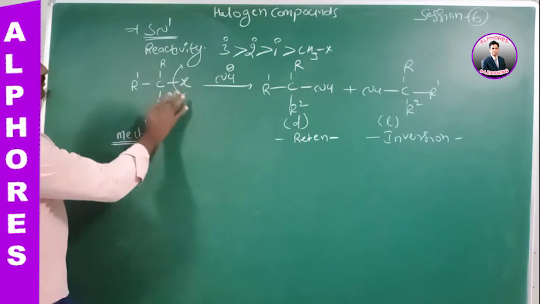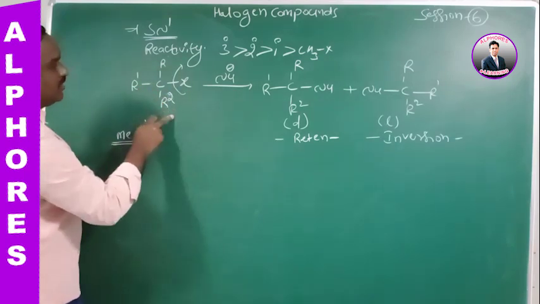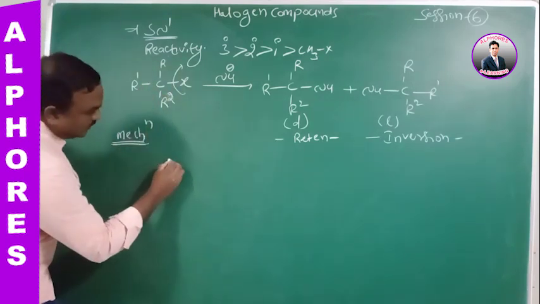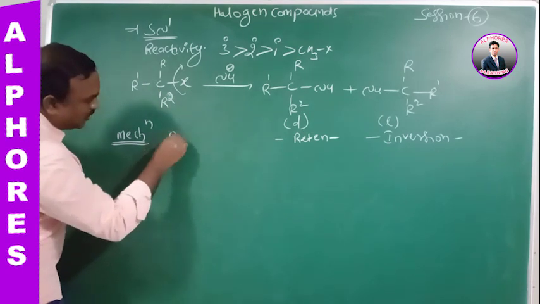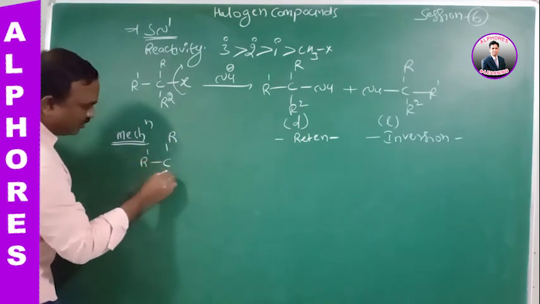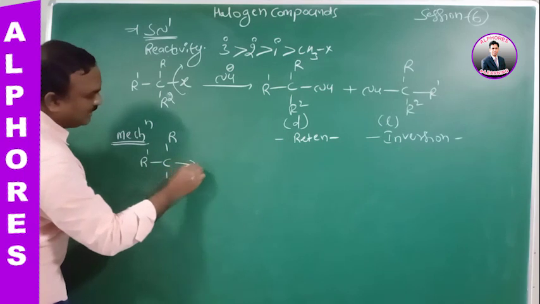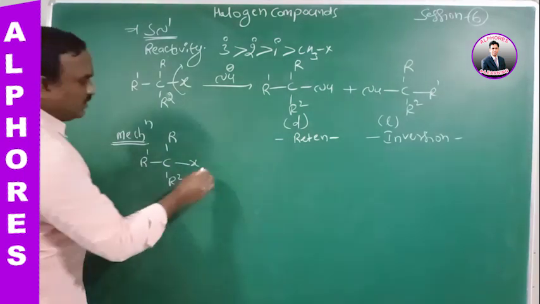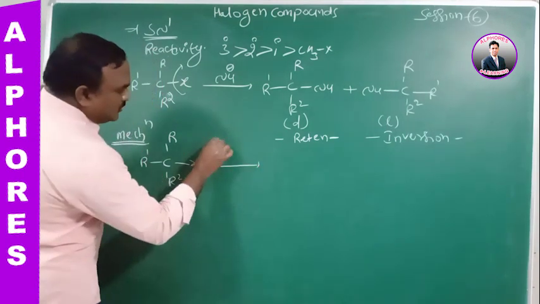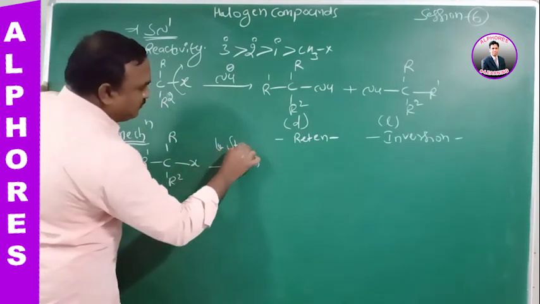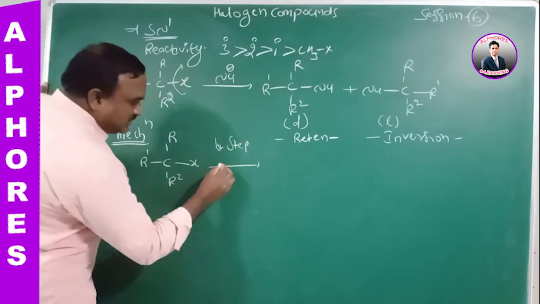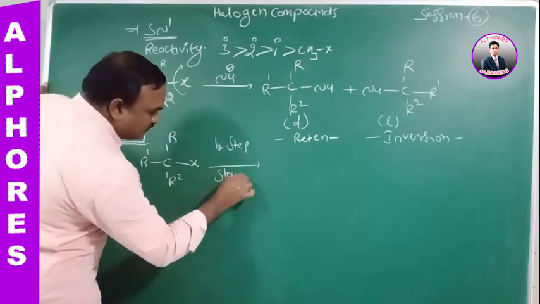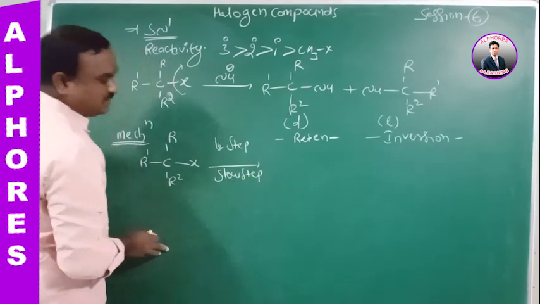How to write the mechanism? The given substrate has three different alkyl groups, R, R1, R2, and X. This is the first step. The first step is the slow step.